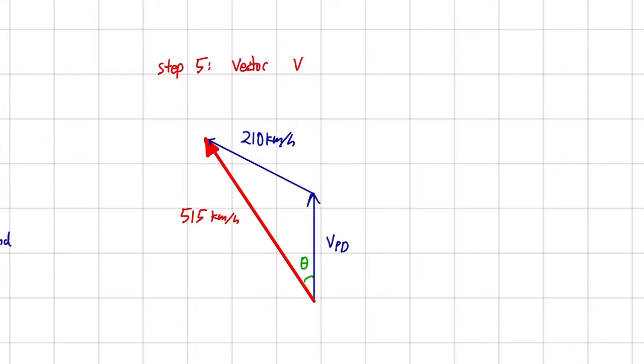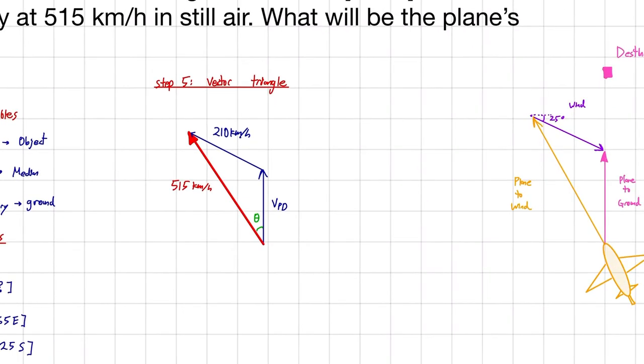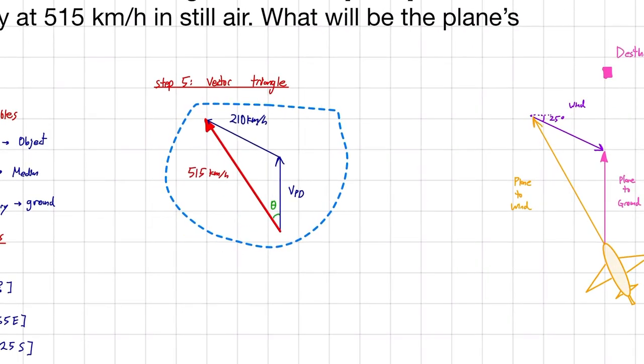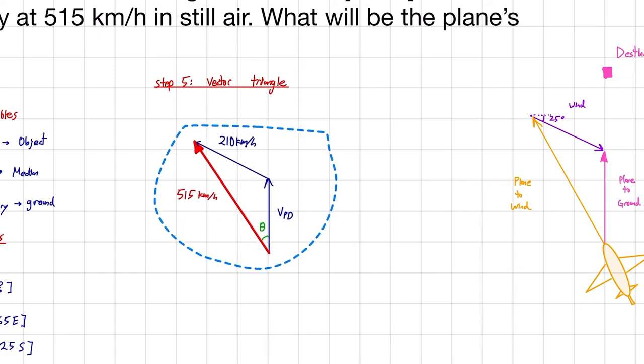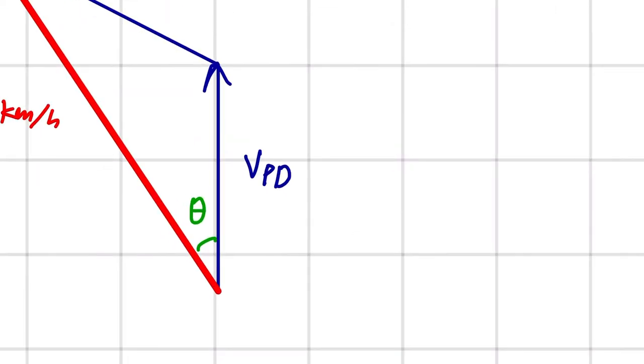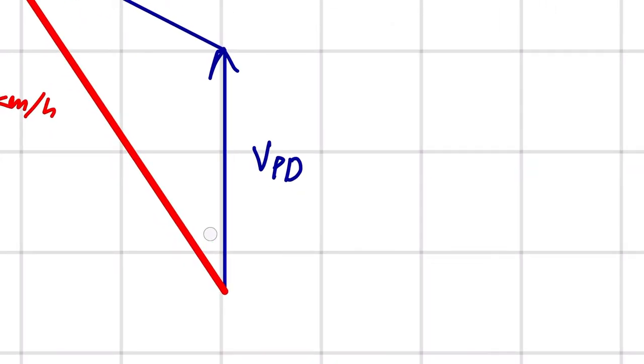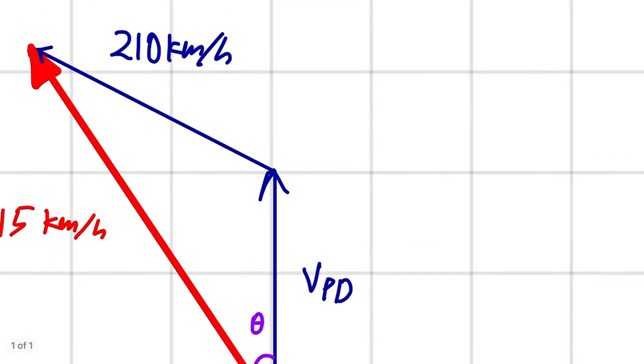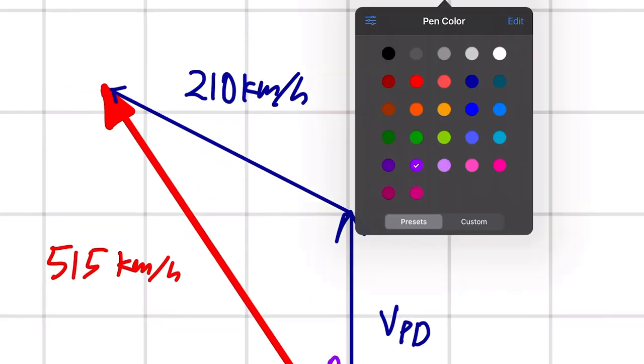Do the vector triangle. So we have a vector triangle built. This is the triangle of our vectors, the two that are being added, and the resultant. And now I'm just going to change some of these colors going forward. This angle is going to be purple, and we have some more information.